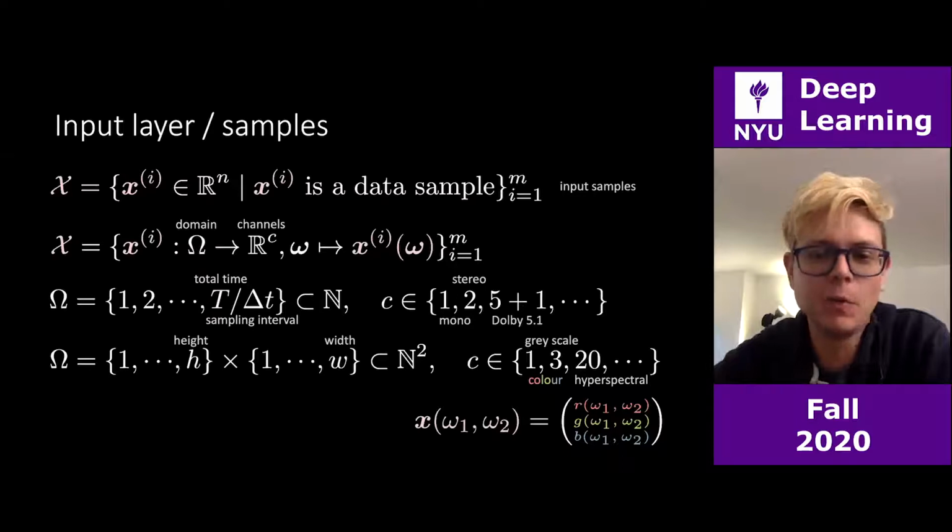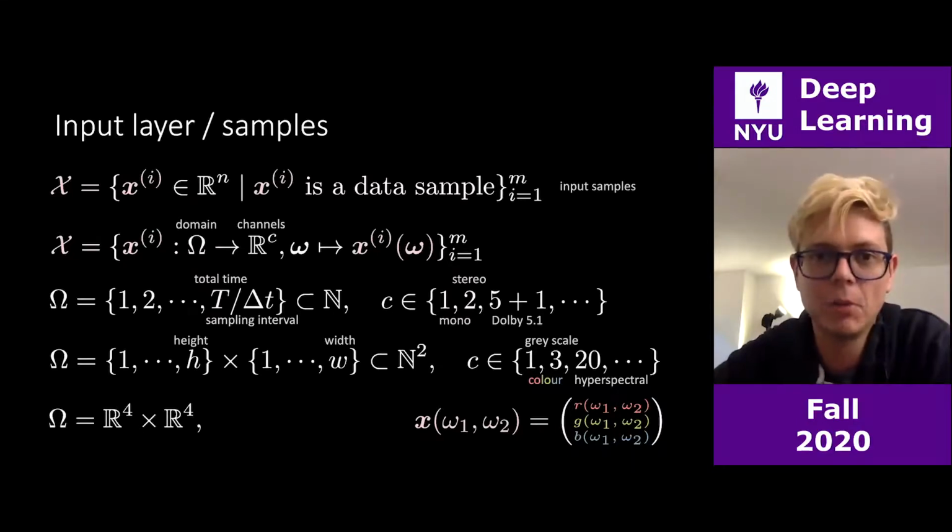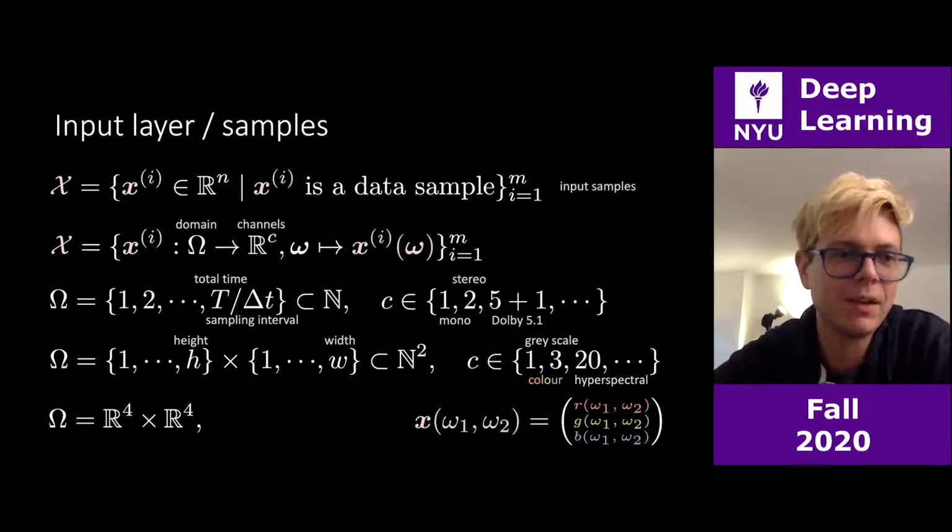Okay. So now it's going to be a bit tricky, perhaps. What do you think the following is going to be? My omega, my domain, is going to be R4 times R4. Who can guess from home? What is this stuff? What is R4? Do we have any physicists in the room? Well, in the Zoom room. Time, quantum physics.